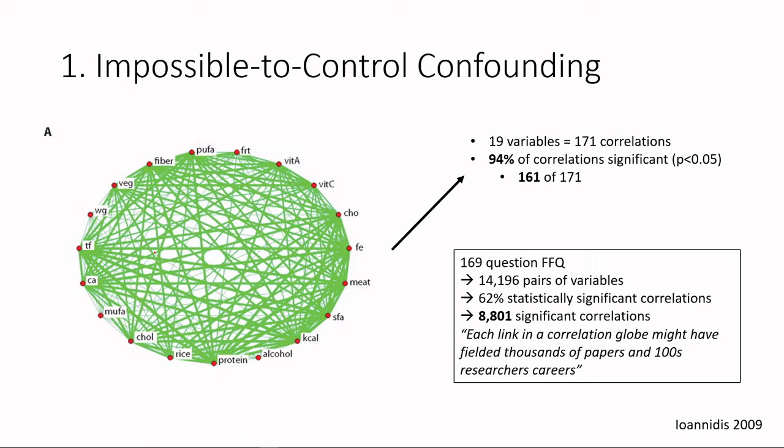He went on to note that 62% of those had statistically significant correlations, which is a total of 8,801. This makes controlling for each individual variable extremely challenging. And Dr. Ioannidis reported that each of these correlations could have fueled one of 1,000 researchers' careers.